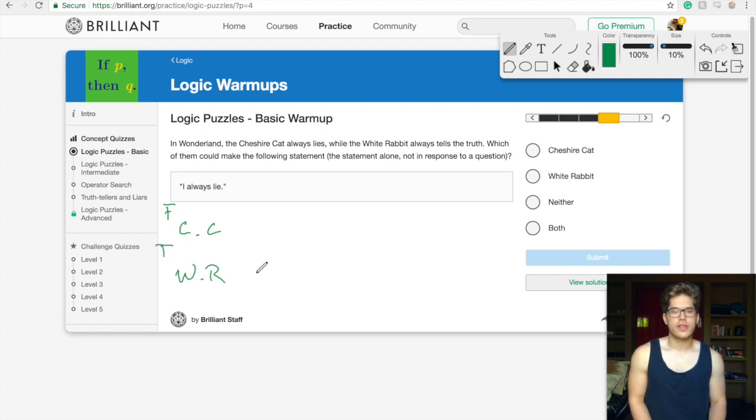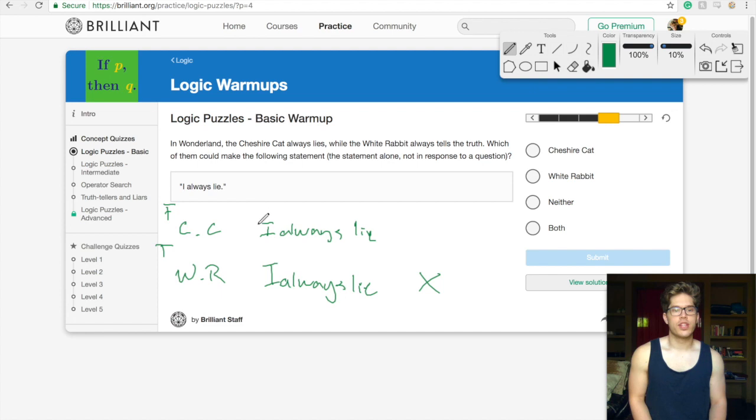Can the White Rabbit say, I always lie? Well, if the White Rabbit says this, and he's truthful, well, this is a lie, because he doesn't always lie, he always tells the truth. So the White Rabbit cannot say this. The Cheshire cat, if the Cheshire cat says, I always lie, well, this is a true statement because he does always lie.